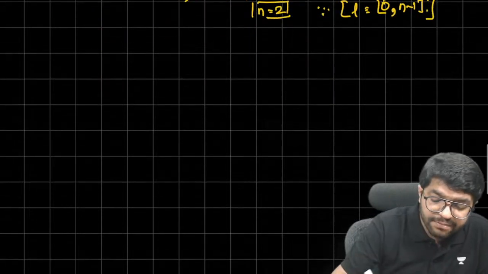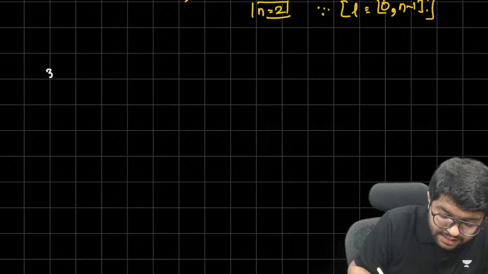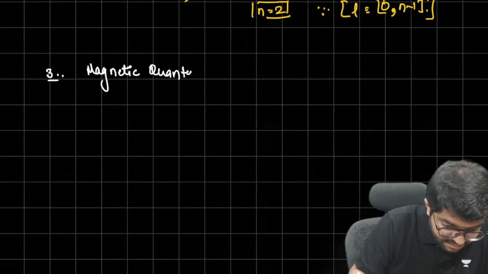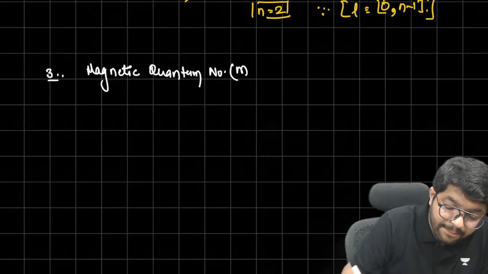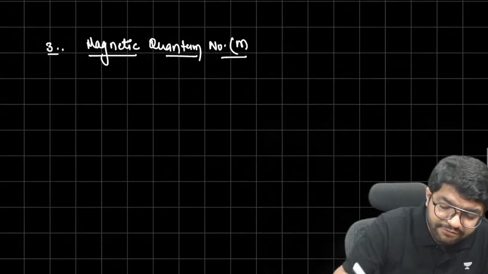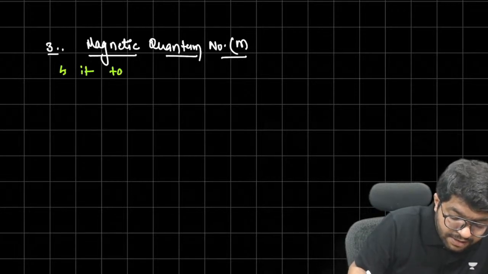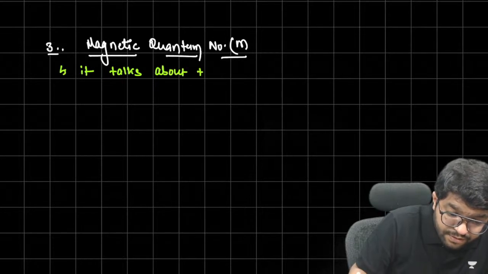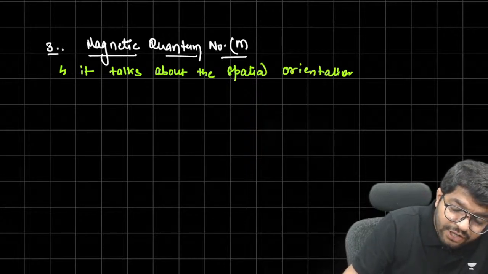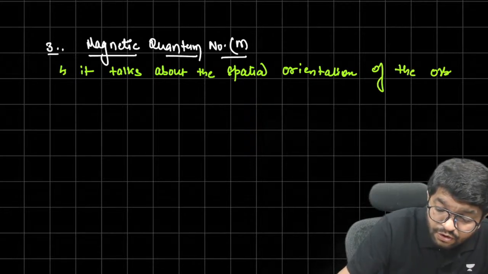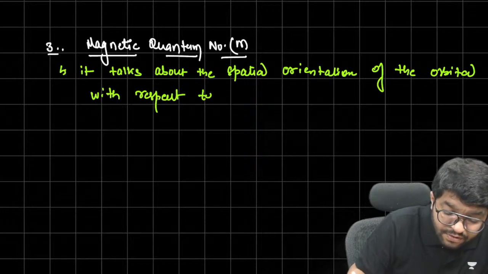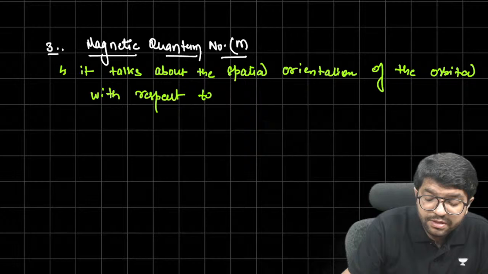Right? The third quantum number that I have with me is called the magnetic quantum number, M. It gives information about the spatial orientation of the orbital with respect to the axis.